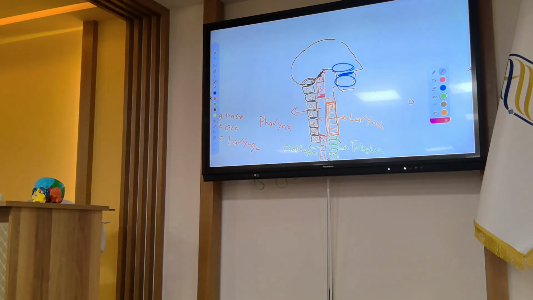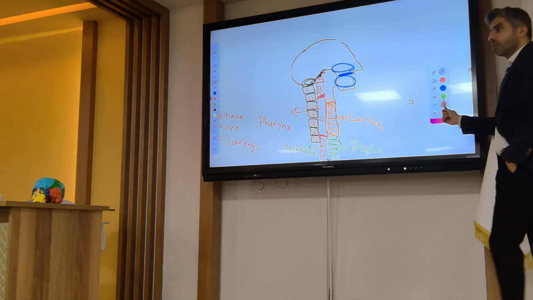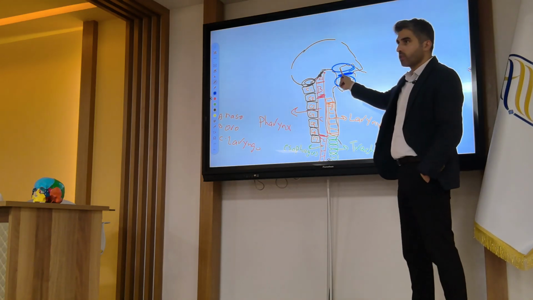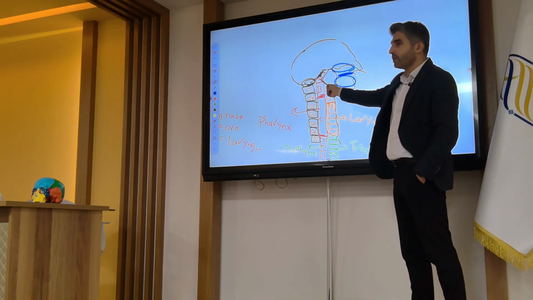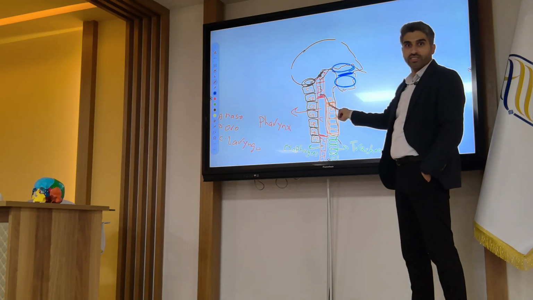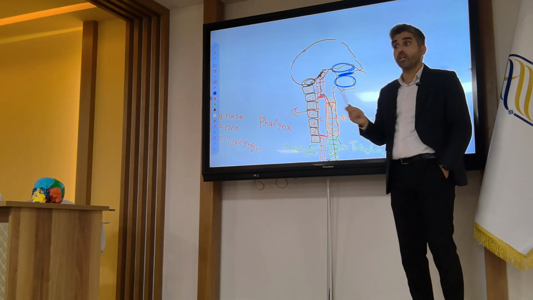This is the general shape of the neck. And you know that we can use that for the respiratory system, for the digestive system, for anything else. For example, if you pay attention, air from the external nose goes to the nasal cavity, then to the nasopharynx, oropharynx, then comes to the larynx and trachea. This is the air passage.